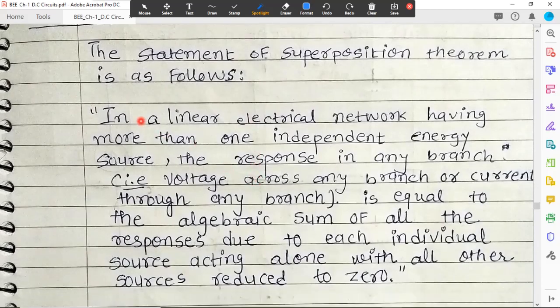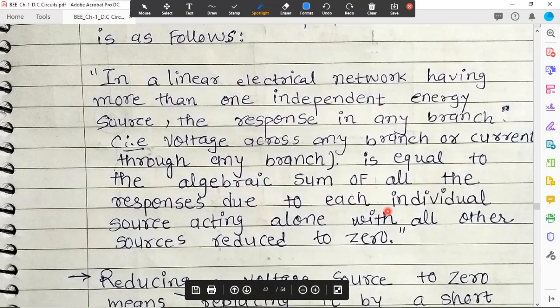See here. In any linear electrical network having more than one independent energy source, the response in any branch, response means voltage across any branch or current through any branch, is equal to the algebraic sum of all the responses due to each individual source acting alone with all other sources reduced to zero.